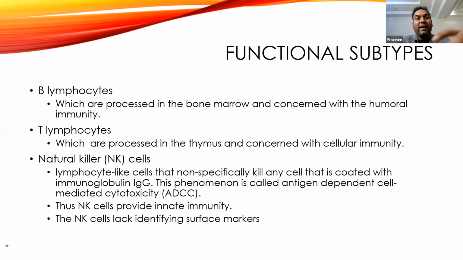This happens in intrauterine life. They are exposed to all types of antigens present inside our body. These are called self antigens, and they train the cells to recognize our own self antigens.